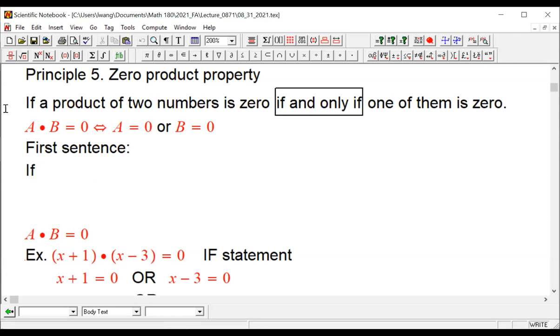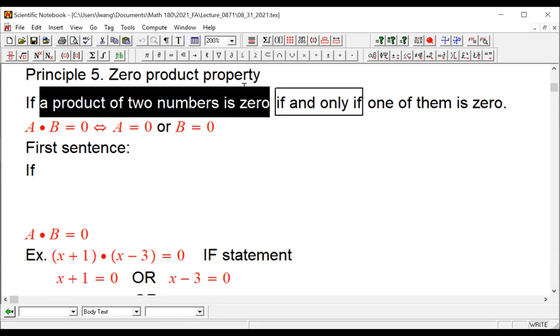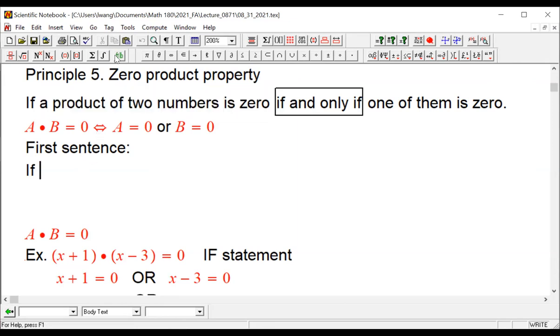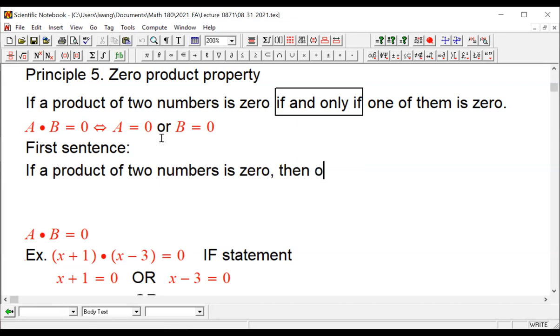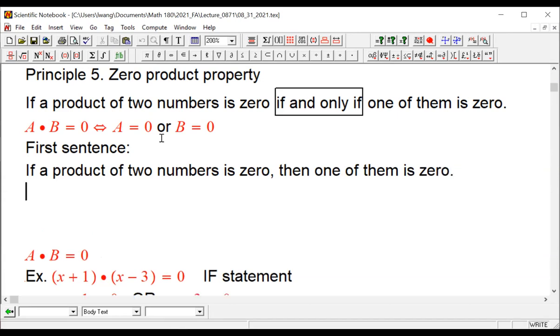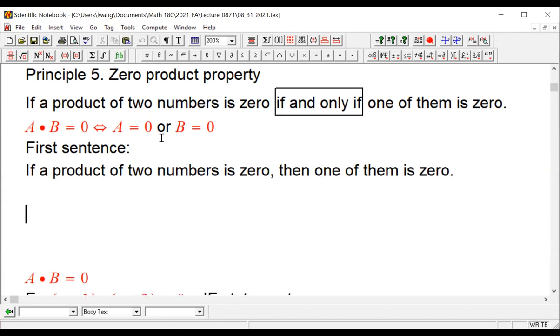if a product of two numbers is 0, then one of them is 0. Okay, the second sentence.